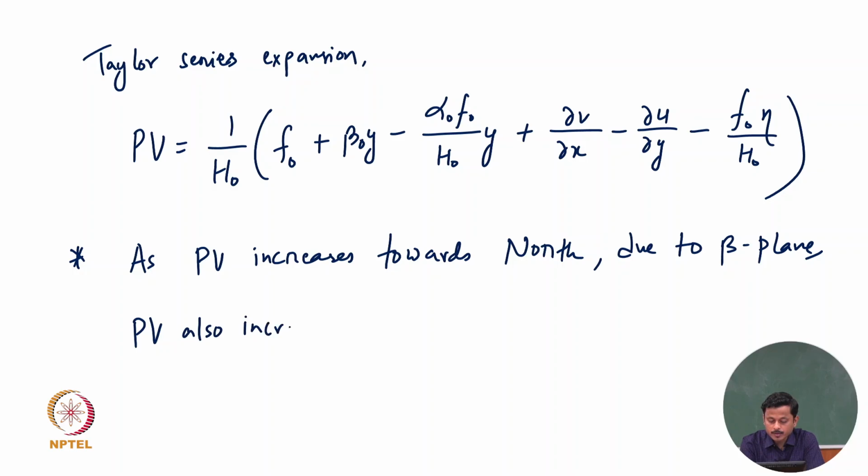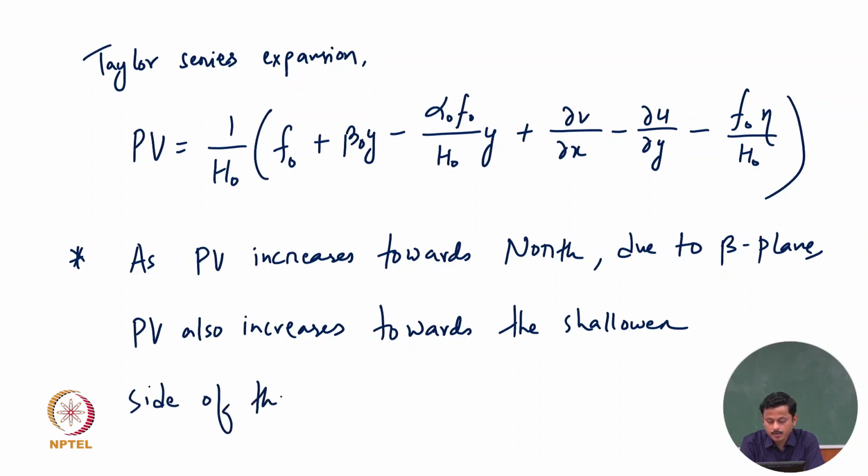PV also increases towards the shallower side of the topography.